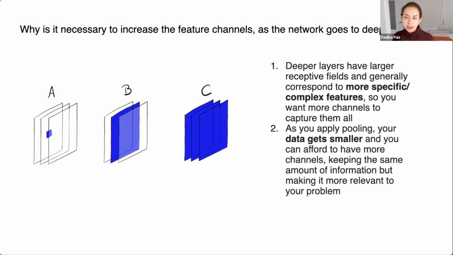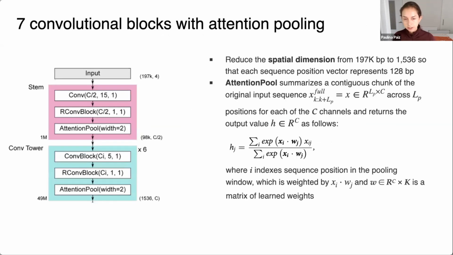And then the second one is to apply pooling. As you apply pooling, your data gets smaller, and that way you can afford to have more channels, keeping the same amount of information, but making it more relevant to your problem. And that was just a theoretical question that I had.